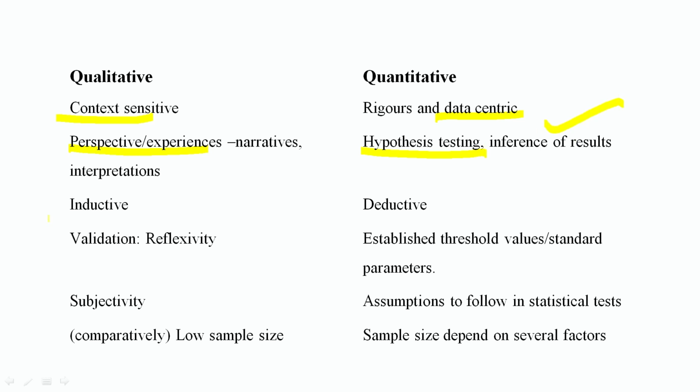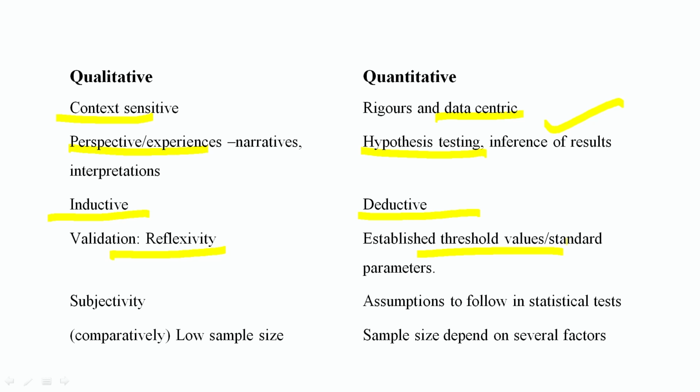Qualitative research is inductive, whereas quantitative research is deductive in nature. The qualitative researcher depends upon reflexivity to validate the result, whereas quantitative researchers already have threshold values established and standard parameters already set.